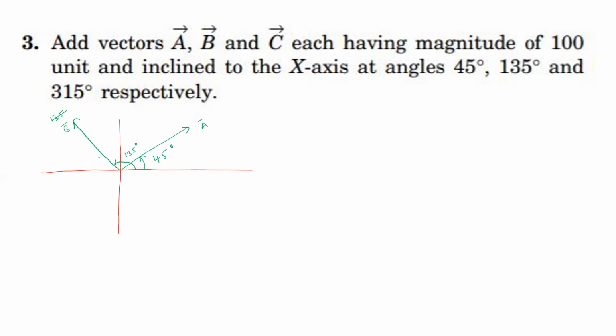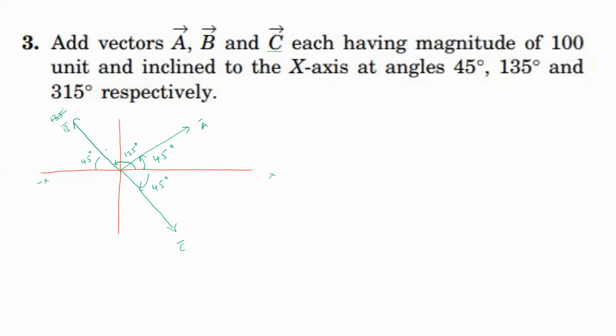That means the b vector makes angle from the negative x-axis. This is the negative x-axis, this is the positive x-axis. So the b vector makes angle 45 degree with respect to the negative x-axis, and the c vector makes angle 315 degree from the x-axis in the anti-clockwise direction. That means we can take it as 45 degree in the clockwise direction.